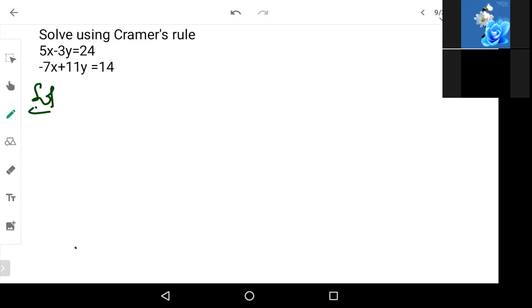So first, what will be the delta value? Can anybody say me what should be the determinant? A1, B1, A2, B2. So how do I write that?